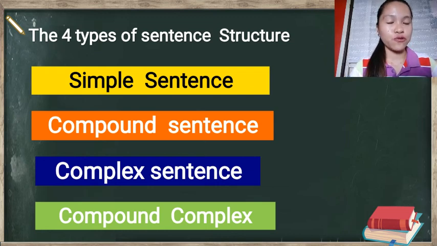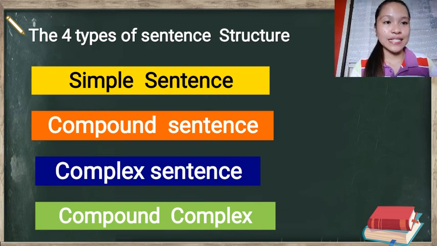F stands for "for," A stands for "and," N stands for "nor," B stands for "but," O stands for "or," Y stands for "yet," and S stands for "so." Those are the coordinating conjunctions, also known as the FANBOYS.